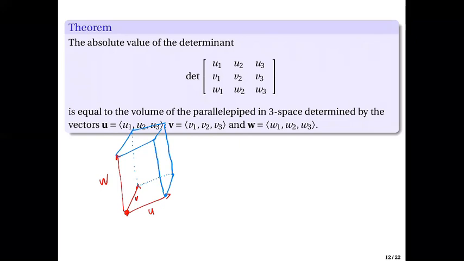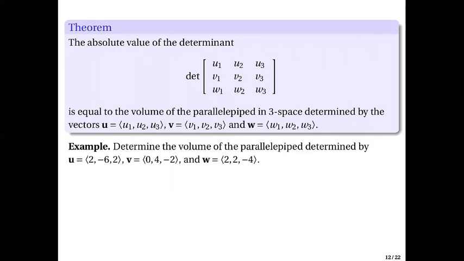But anyway, let us apply this formula to the following example. Determine the volume of the parallelepiped determined by these vectors u, v, and w.